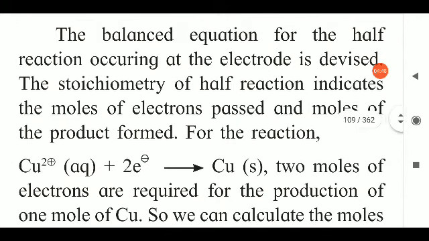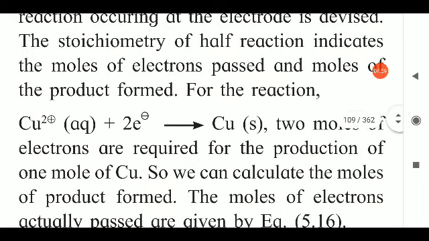Now look at one of the examples given. Cu2+ plus 2 electrons: by gaining 2 electrons it forms solid copper. 2 moles of electrons are required for the production of 1 mole of copper. That means to become stable solid copper, 2 electrons are required to stabilize the Cu2+ ion.